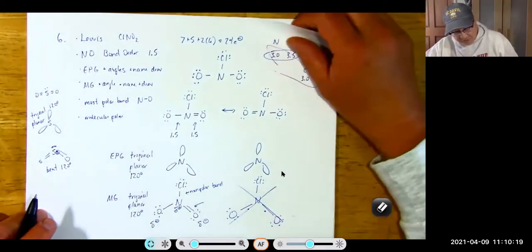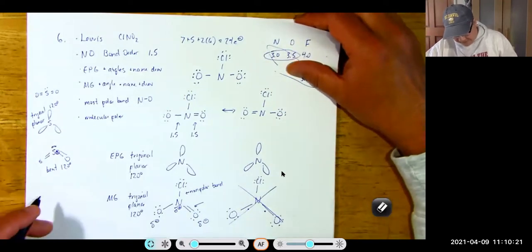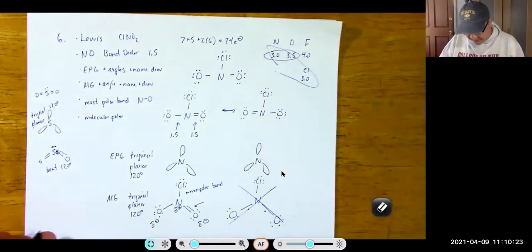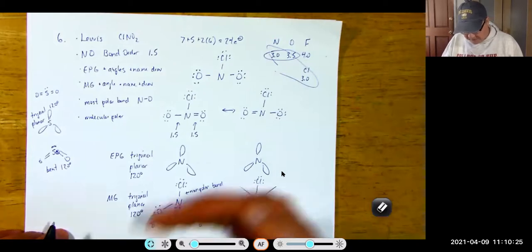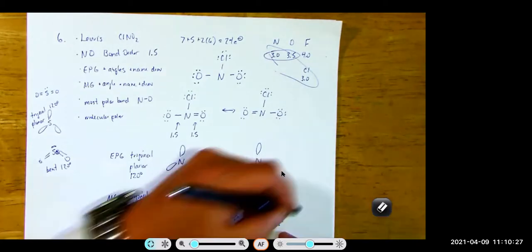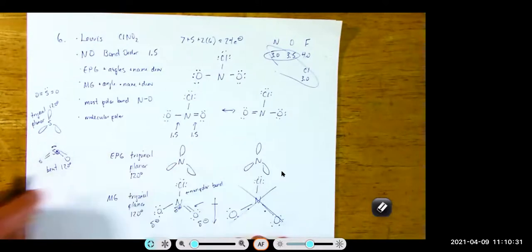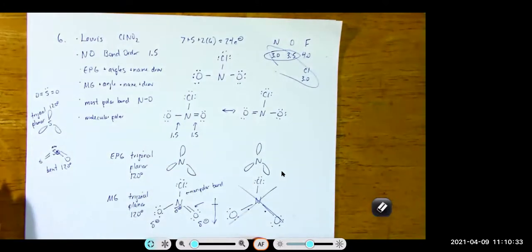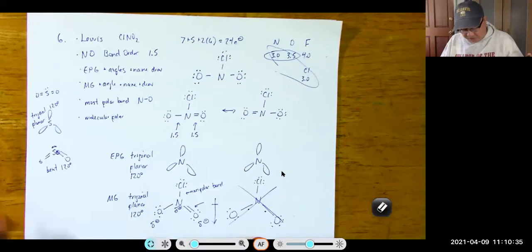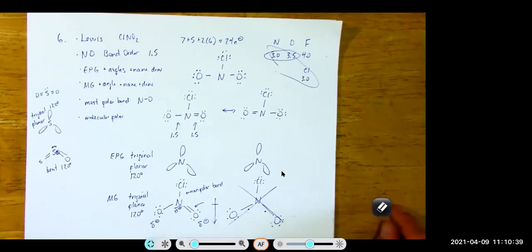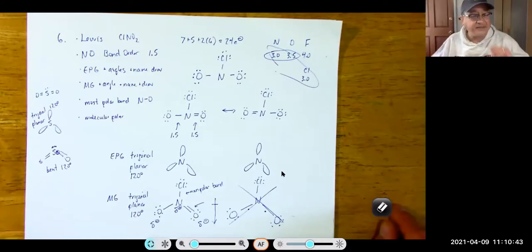Okay, so does it have a molecular polarity? I would say yes. Can you see how the negatives are on the bottom half here? So you would do this. The arrow always points to the more electronegative side. So number 6 is pretty comprehensive.